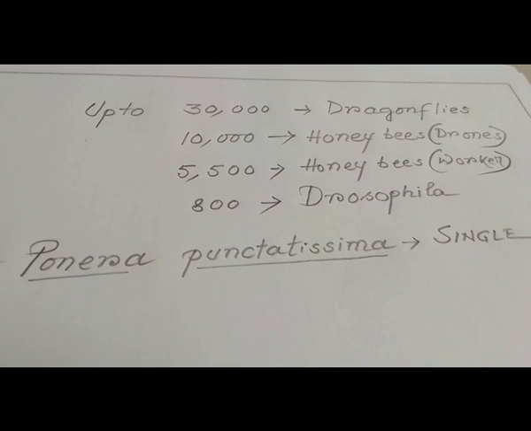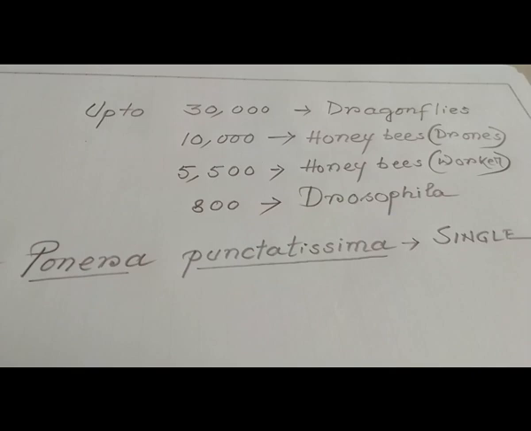Now, how many ommatidia can be present in a compound eye? It can vary from insect to insect. There are up to 30,000 ommatidia in each eye of dragonflies, 10,000 in drones of honeybees, 5,500 in worker honeybees, and 800 in Drosophila.